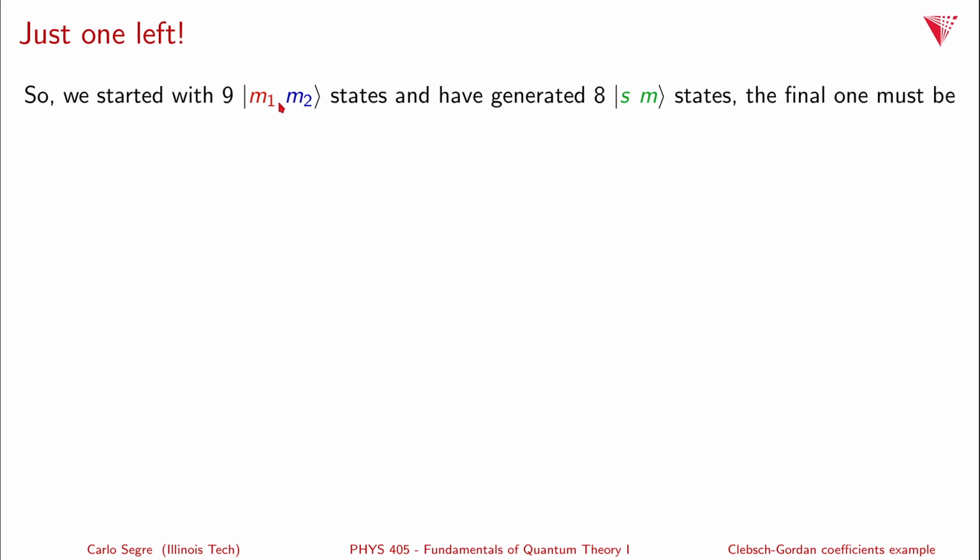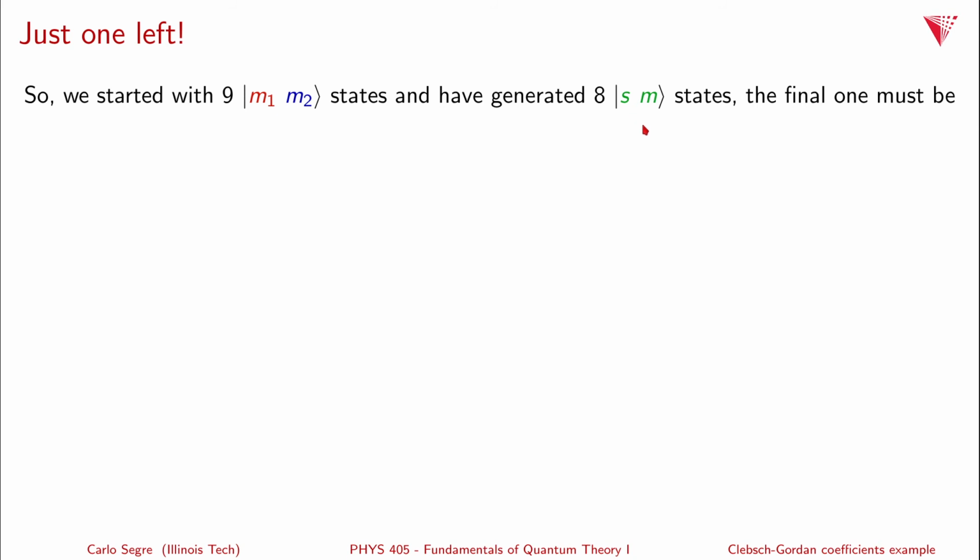If we take all the possible combinations, that gives us 9 possible states. Out of those 9 states, we generated 8 states with values s and m, s equals 2 and s equals 1. We had 5 for s equals 2 and 3 for s equals 1.